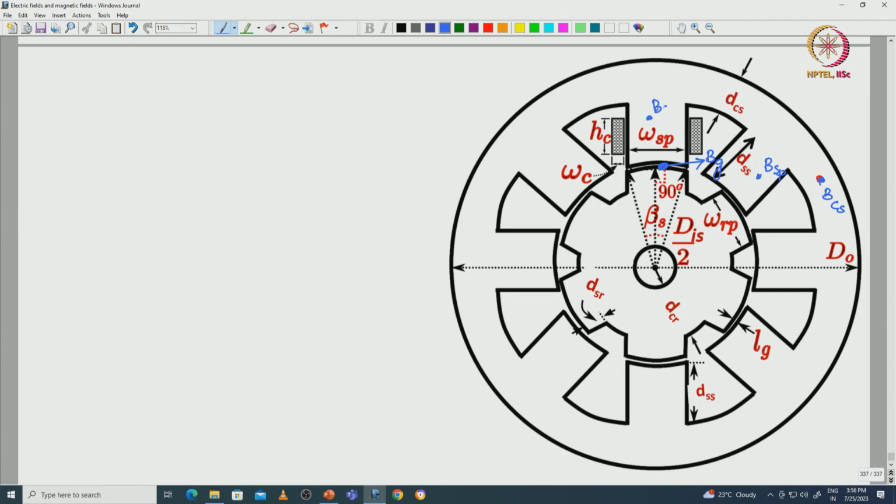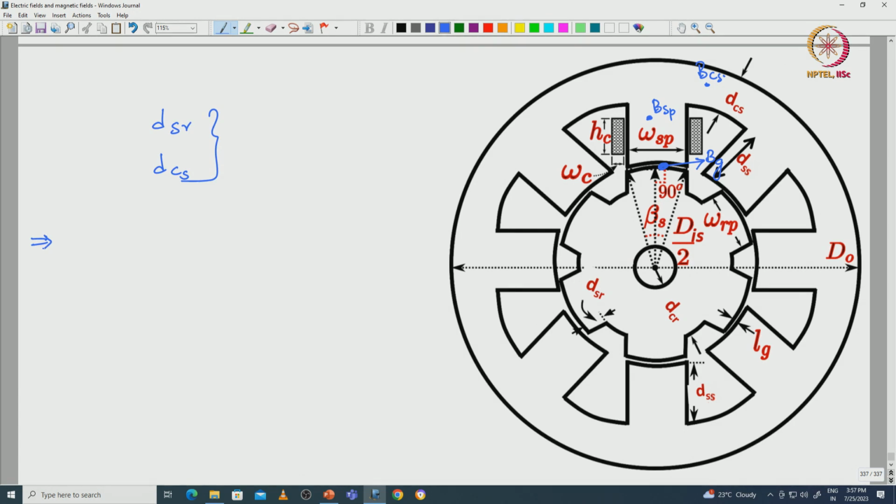Here we can see BSP and here BCS. We will find these three flux densities at the various parts of the machine, and we will find the height of the slot or pole, that is DSR, and the width of the back iron, that is DCS.